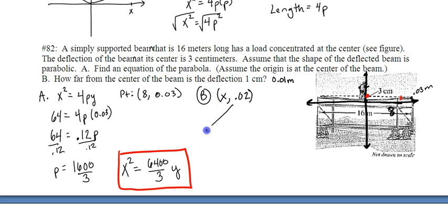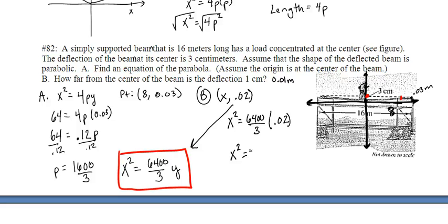If I plug it in, x stays x, and now I have to square it. Then I'd have 6,400 divided by 3, and my y value is 0.02. When I solve this, x squared equals 6,400 divided by 3 times 0.02, and I got 42.66 repeating.